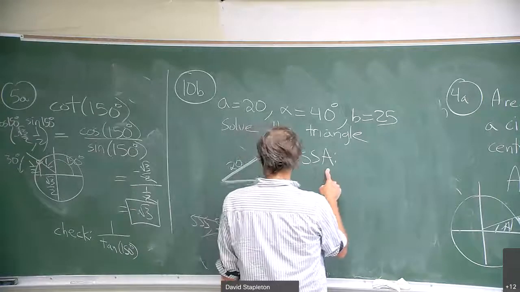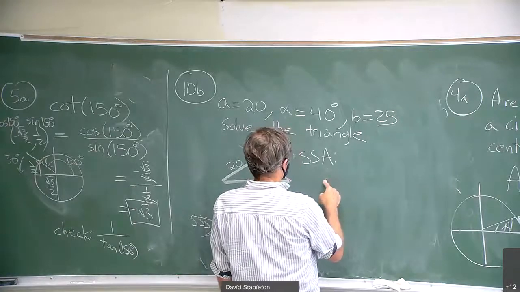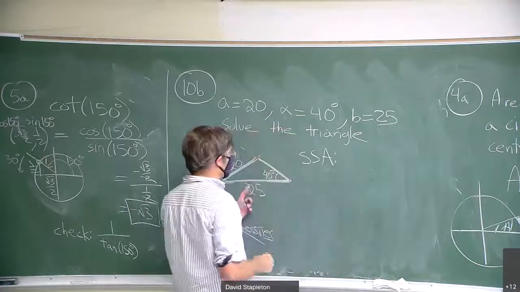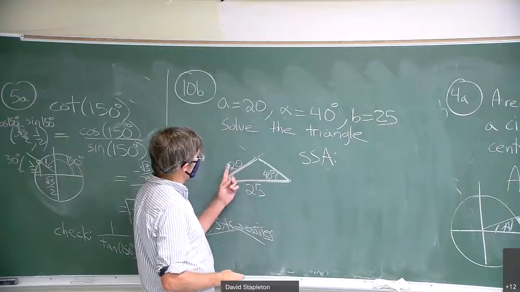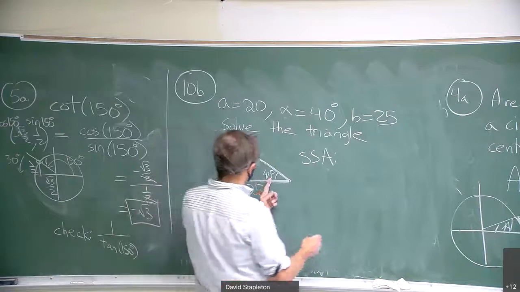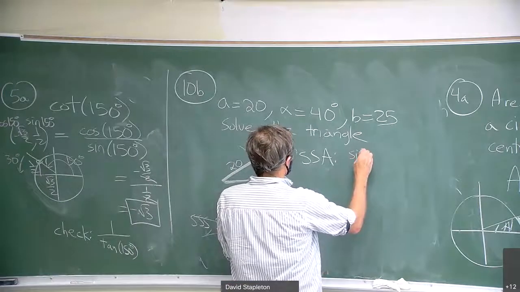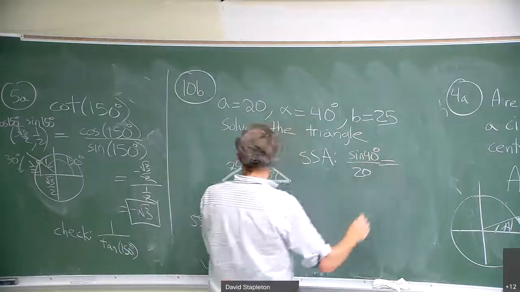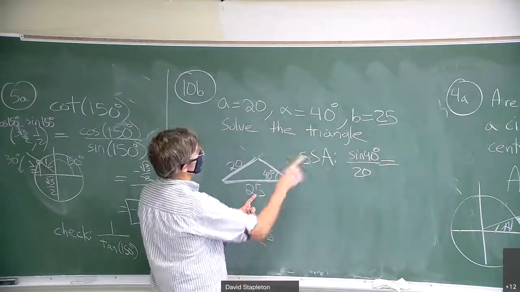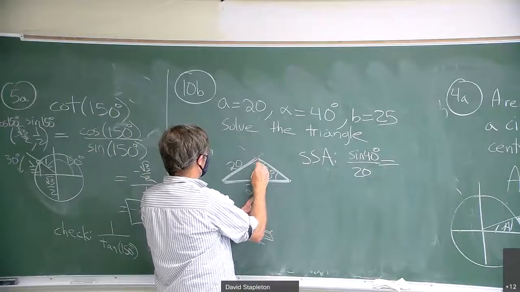So side, side, angle, law of sines. I need to relate the three numbers that I know and one that I don't. For that, I need to use this side and opposite angle. So I will say sine of 40 degrees is to 20 as, and now I need to put this other number in here. That's 25 as B, so this must be beta.